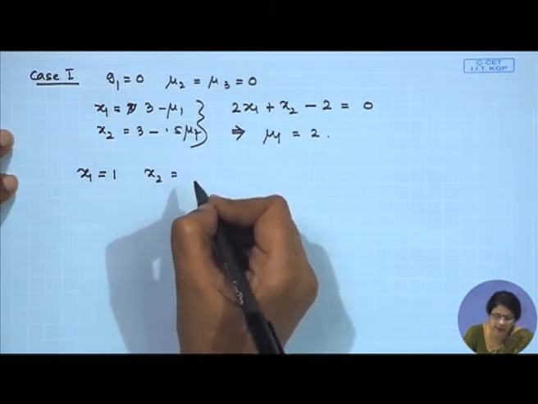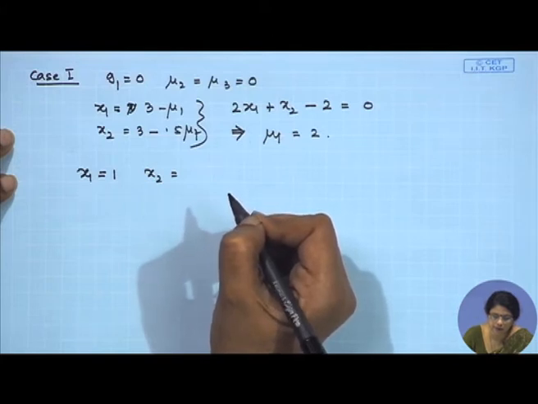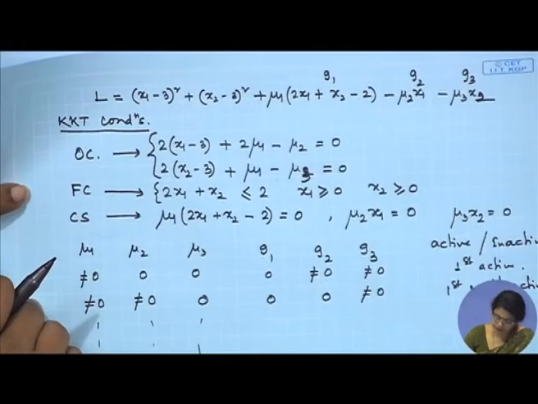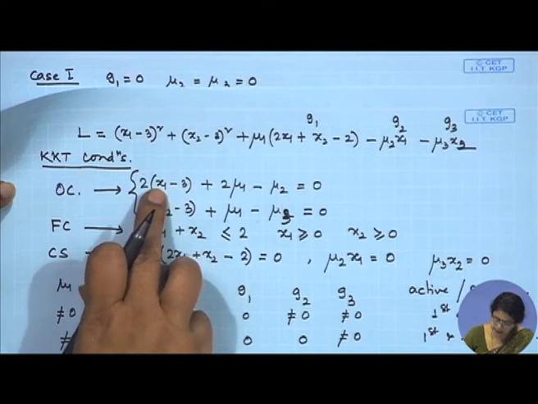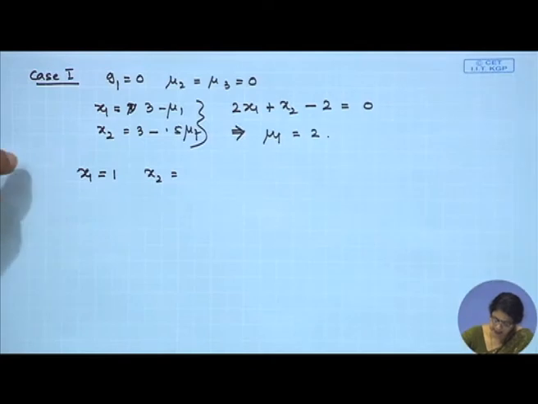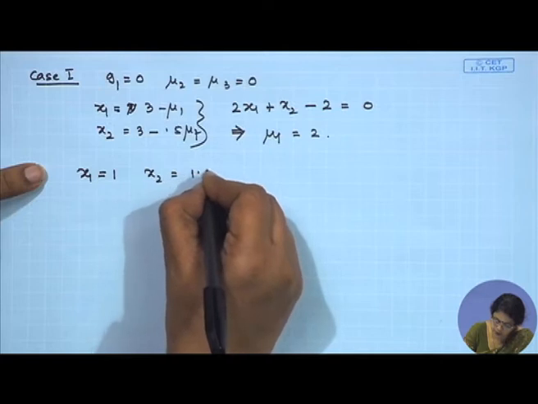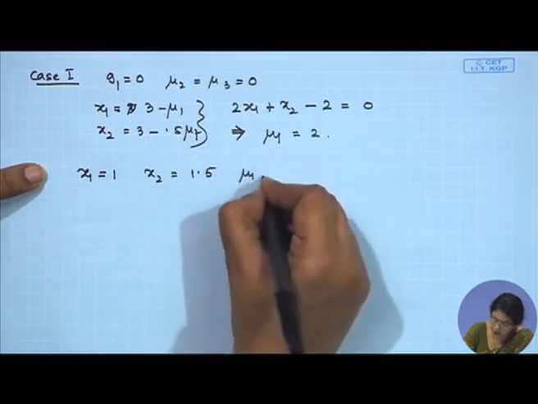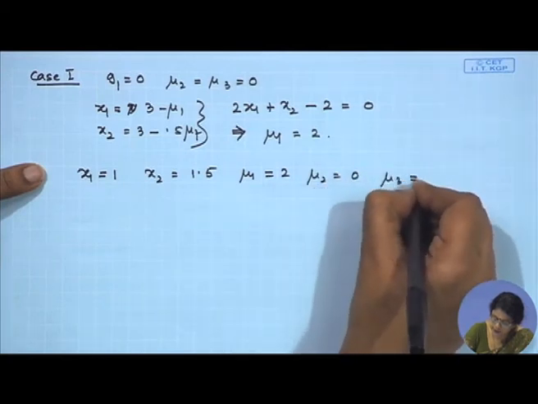Since mu2 is equal to 0, then 2 will cancel, x1 must be equal to 3 minus mu1, certainly x1 is equal to 1, x2 would be equal to 1.5, mu1 is equal to 2, mu2 is equal to 0, mu3 is equal to 0.